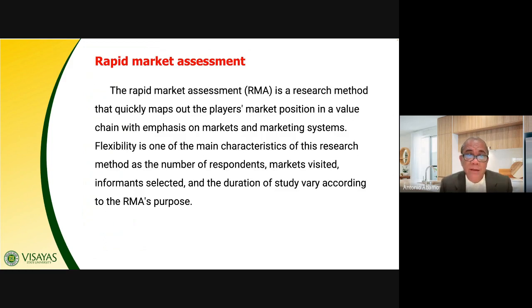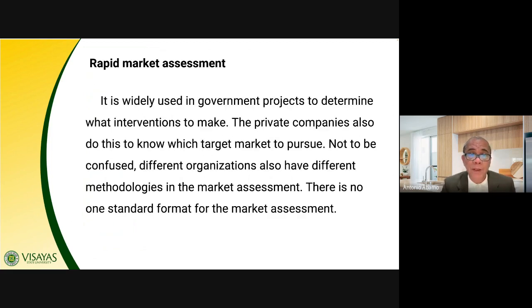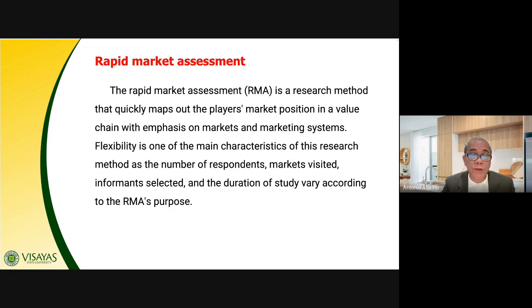This tackles the last two remaining analytical lenses that we need to study in relation to our being able to analyze the agribusiness, the dynamics of the agribusiness system. This module is on rapid market assessment and, of course, the Porter's five forces model.